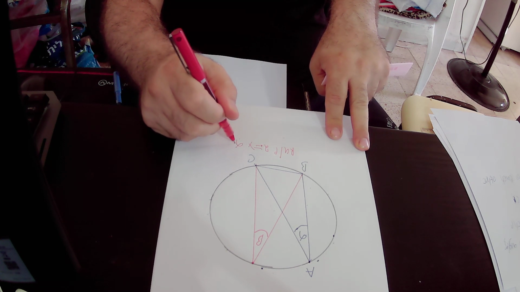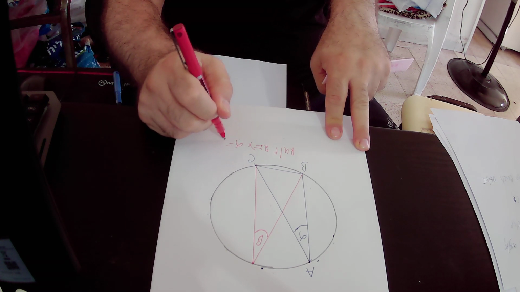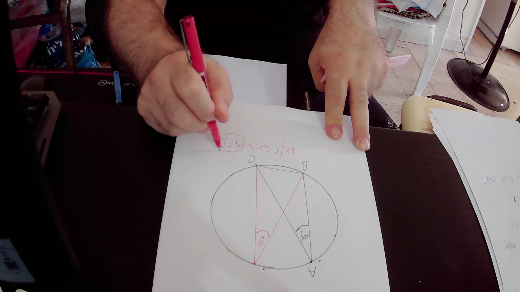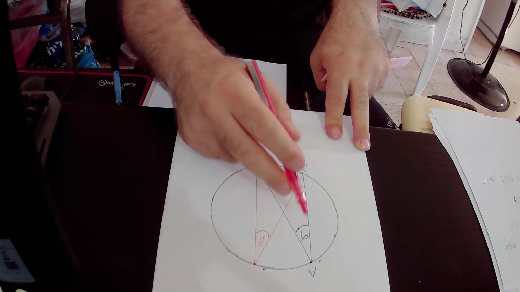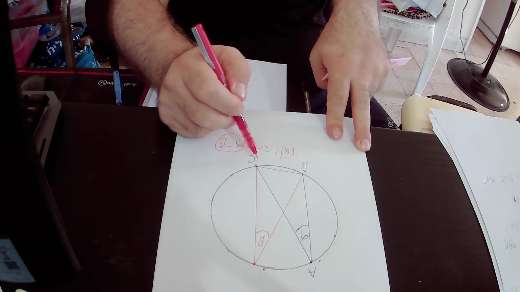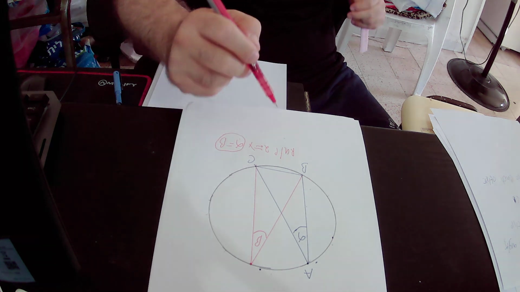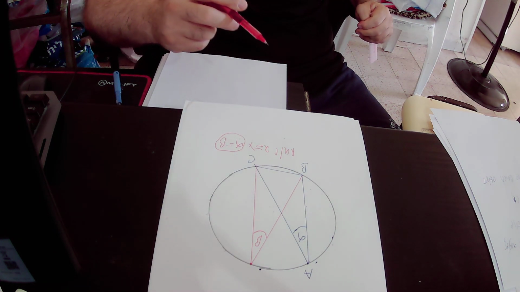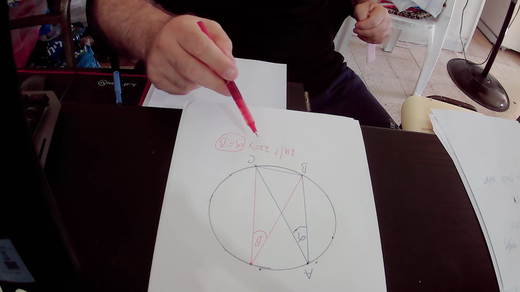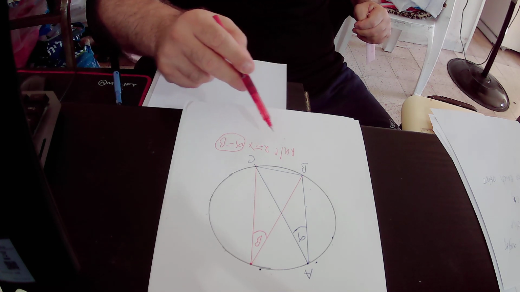Peripheral angle alpha equals peripheral angle beta because they both rest on the same chord BC. Actually, when they both rest on the same chord, they both rest on the same arc BC.